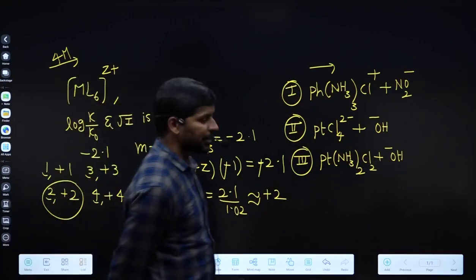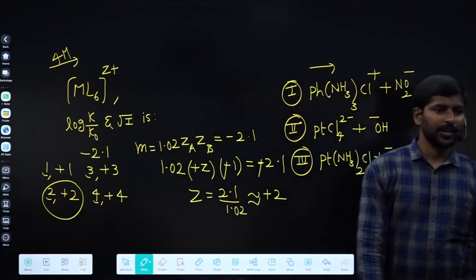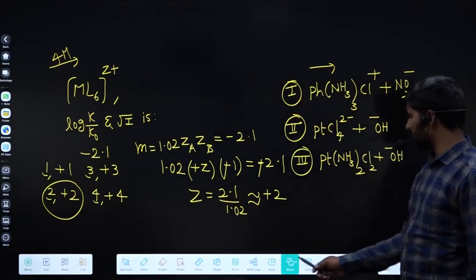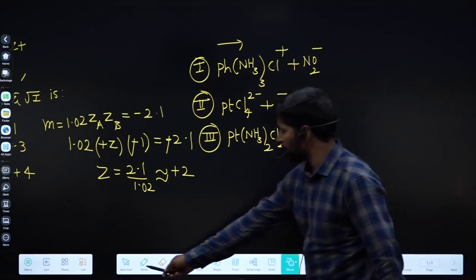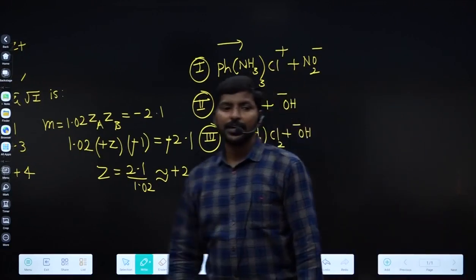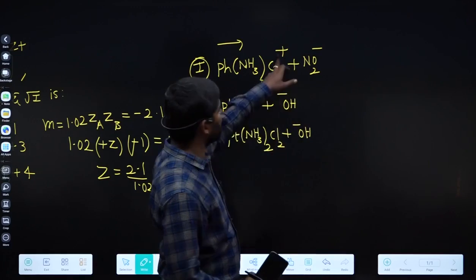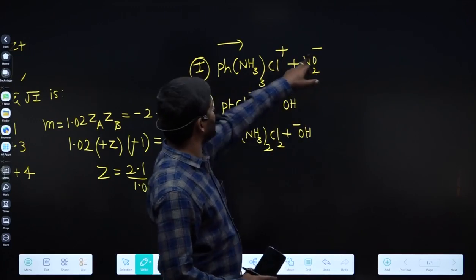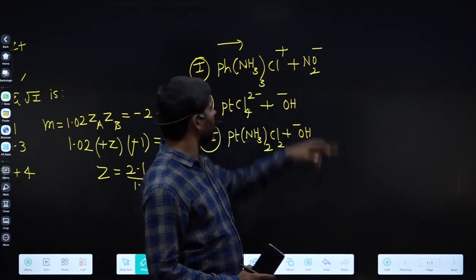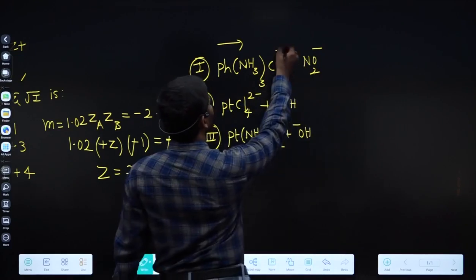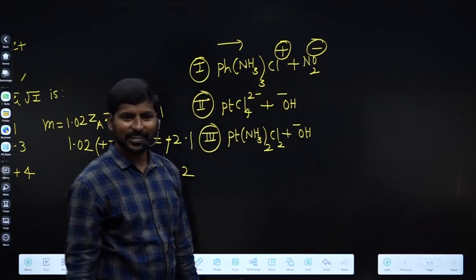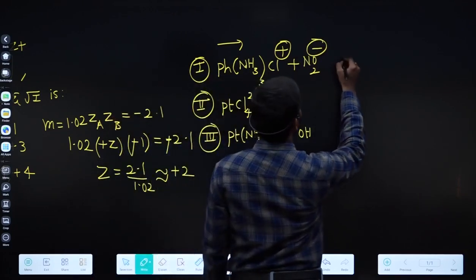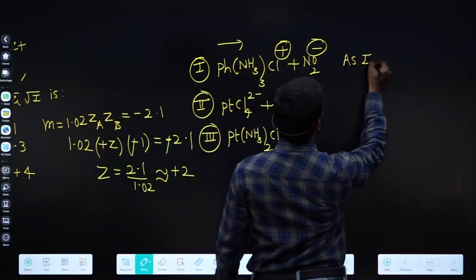What about the first reaction? As ionic strength increases, does the rate of reaction increase or decrease? Oppositely charged species are given, so the rate decreases as ionic strength increases.